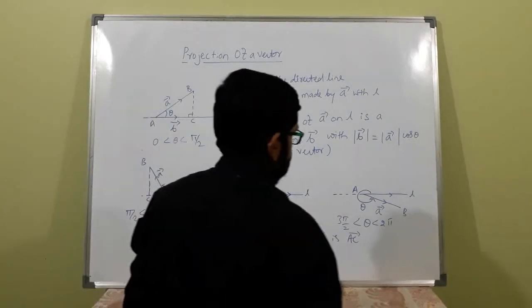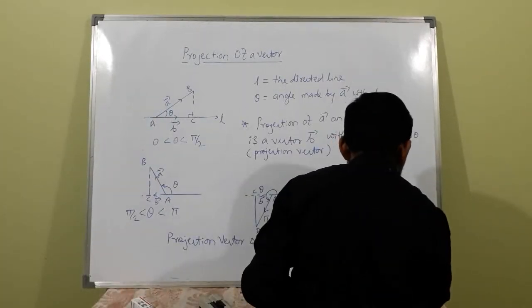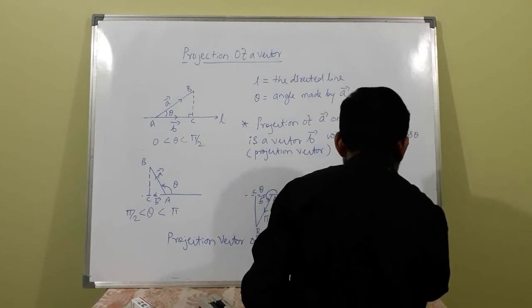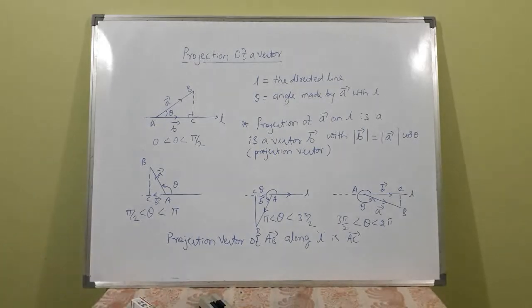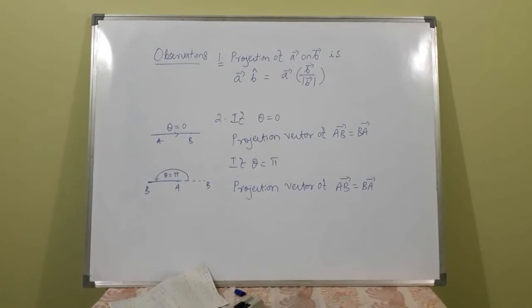Similarly vector B is here. You got it? The projection vector of AB along L is AC in all the cases. So remember these results.